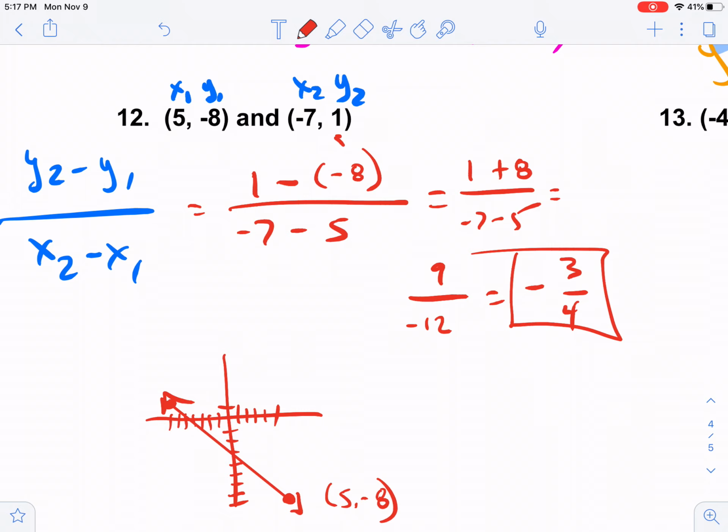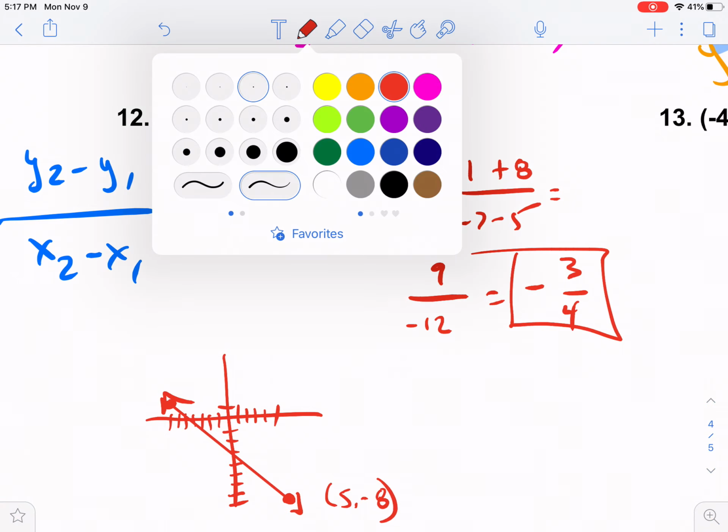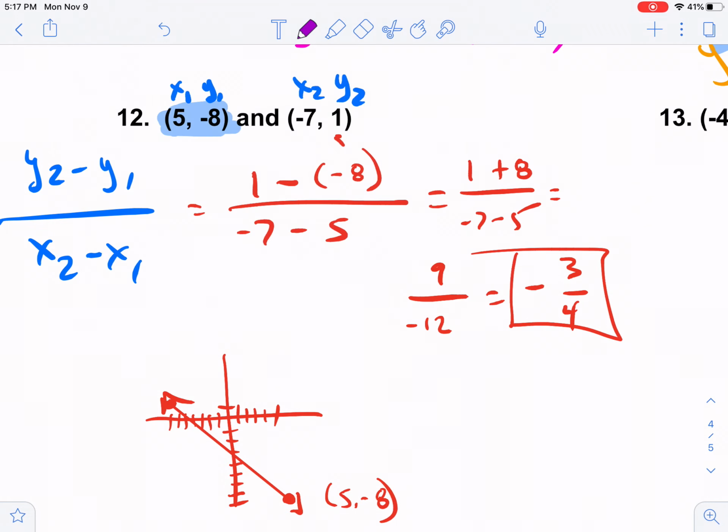I can use either of these as a coordinate. So I would rewrite this as, let's pick a nice color, how about purple? What is the formula for point slope form? It is y minus y1 equals slope times x minus x1.